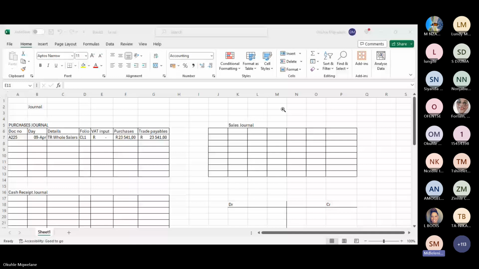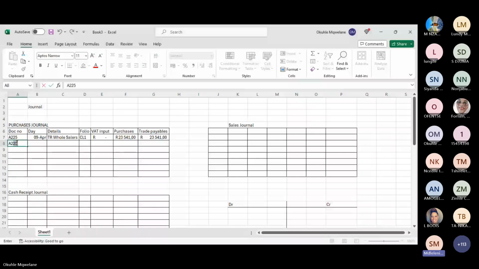Yes, correct, ma'am. So we'll have two debits, the Durban one, DBN, and then we'll have BP, the other one. But I think the date is going to be the same. Yeah, the date is going to be the same.